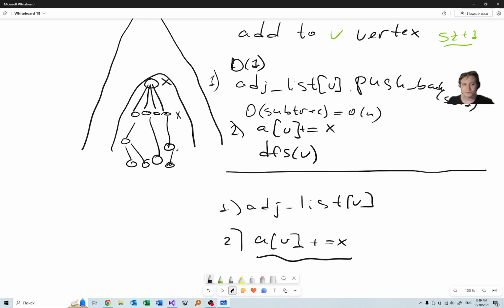For example, this configuration means that actually I have 5 here, and I also need to add 5 to all its children, direct and indirect. So here it should be 3.